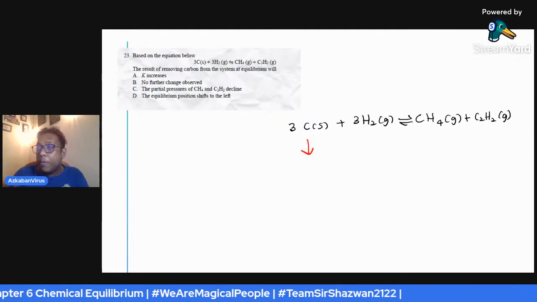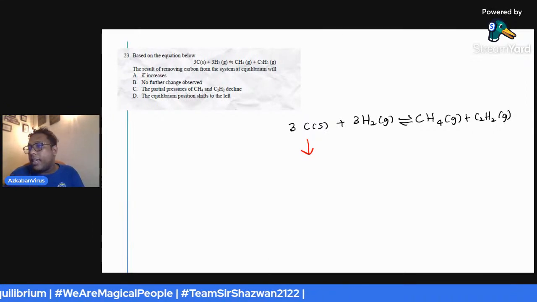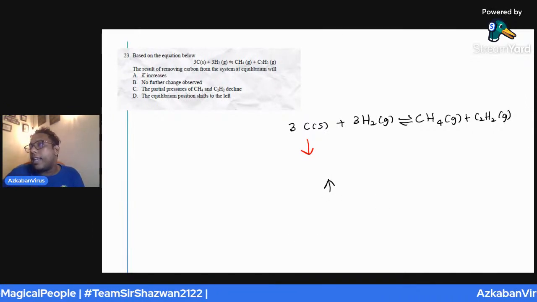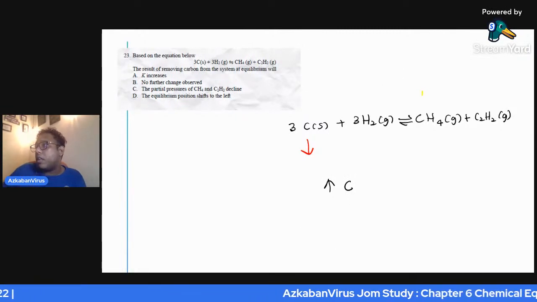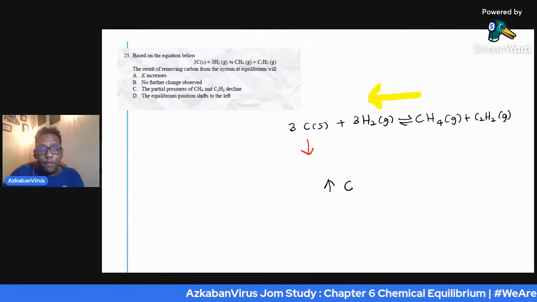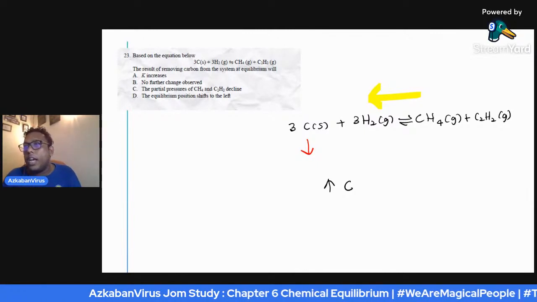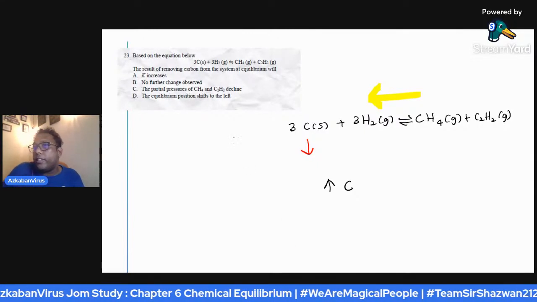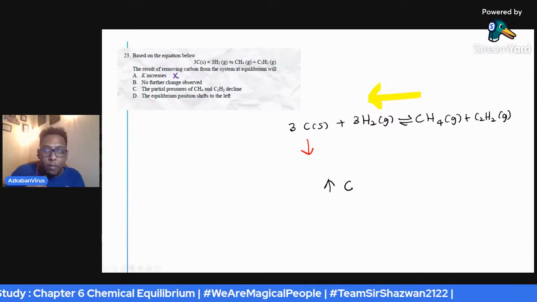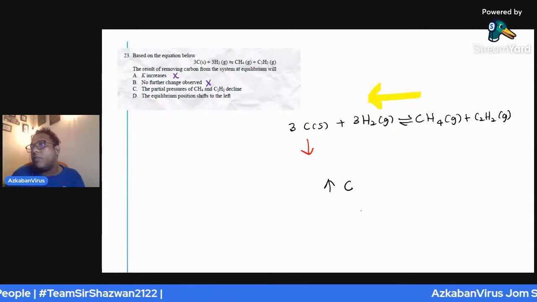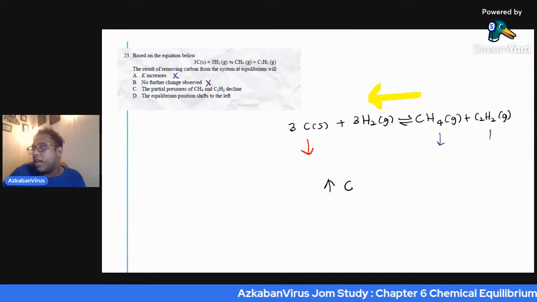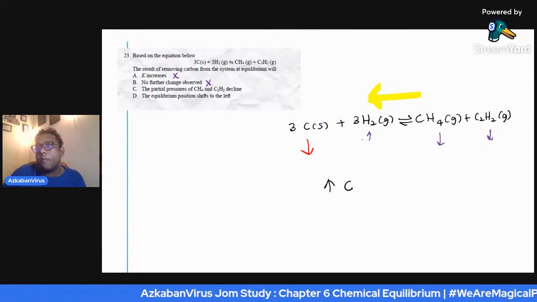Sistem sedar, oh, carbon kurang. Cara dia nak lawan, dia perlu tingkatkan carbon balik dengan cara shift to the left. Okay, so apa yang berlaku adalah, you kacau concentration, K tidak akan kacau. Remember, K is only affected by temperature. No further change is observed. No, the partial pressure of C2 and H2 akan berkurang, CH4 akan berkurang dan ini akan meningkat.